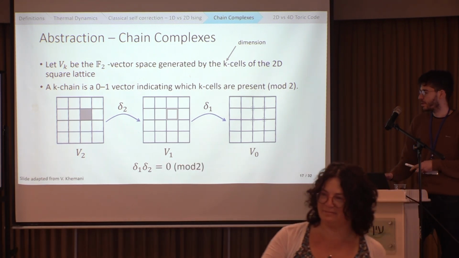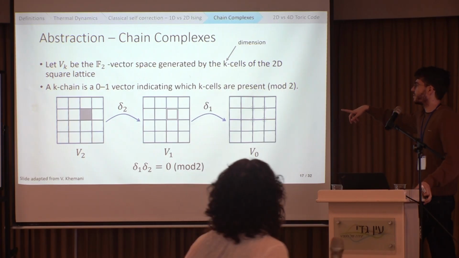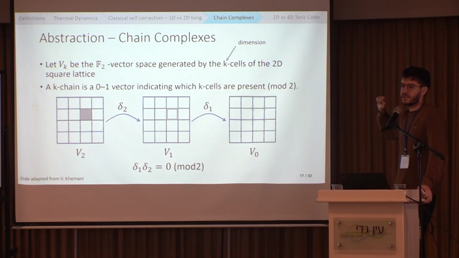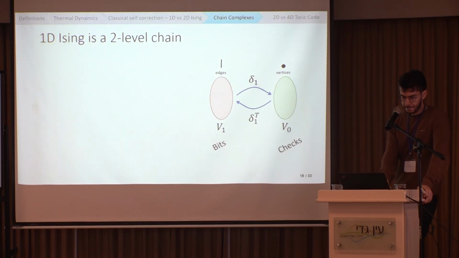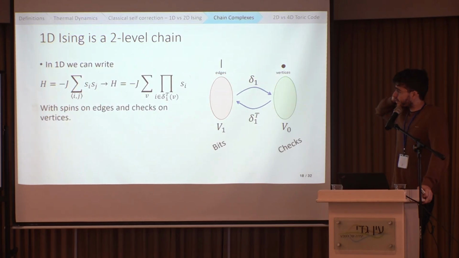Okay, so now we're going to use this idea of chain complexes to rewrite our Ising models. So we had this Hamiltonian of the 1D Ising of neighboring spins, and now we rewrite this as a sum of products according to the co-boundary mapping.